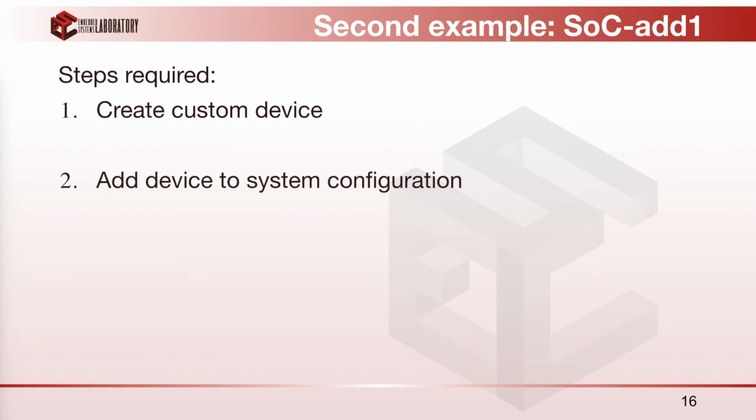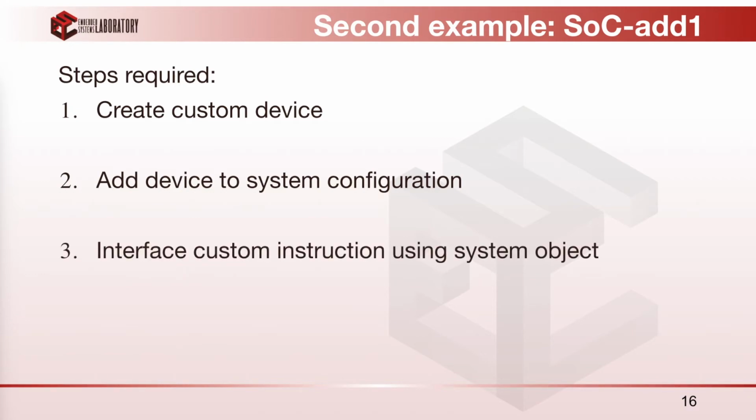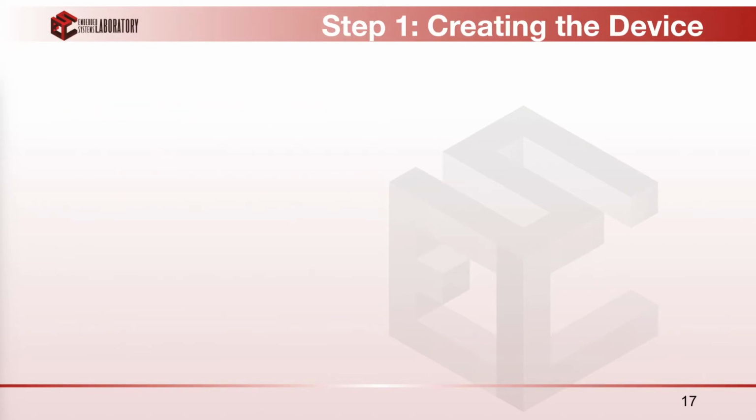Next, we have to use Python to add this device to our SoC configuration. Then we will use the gem5 system object to add a connection between our custom instruction and the SoC device. And finally, we just recompile gem5 as before, and that's it.